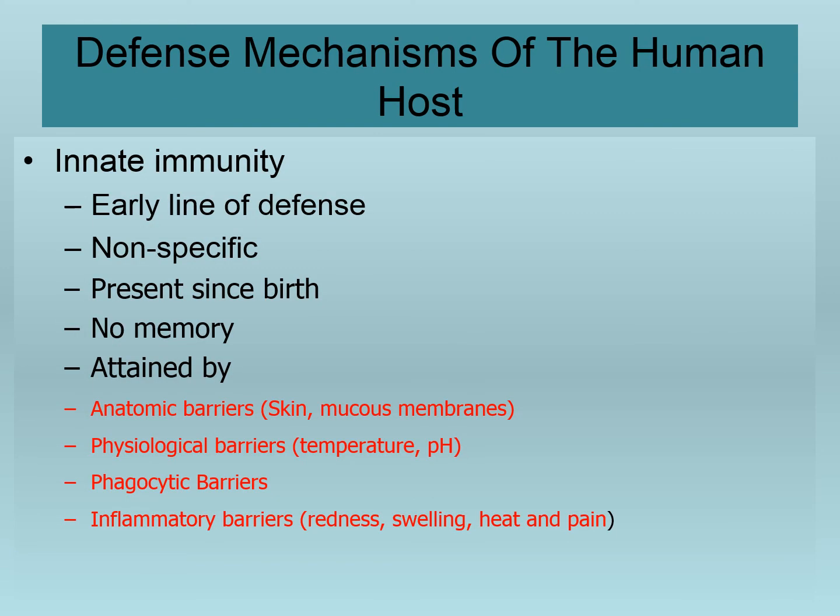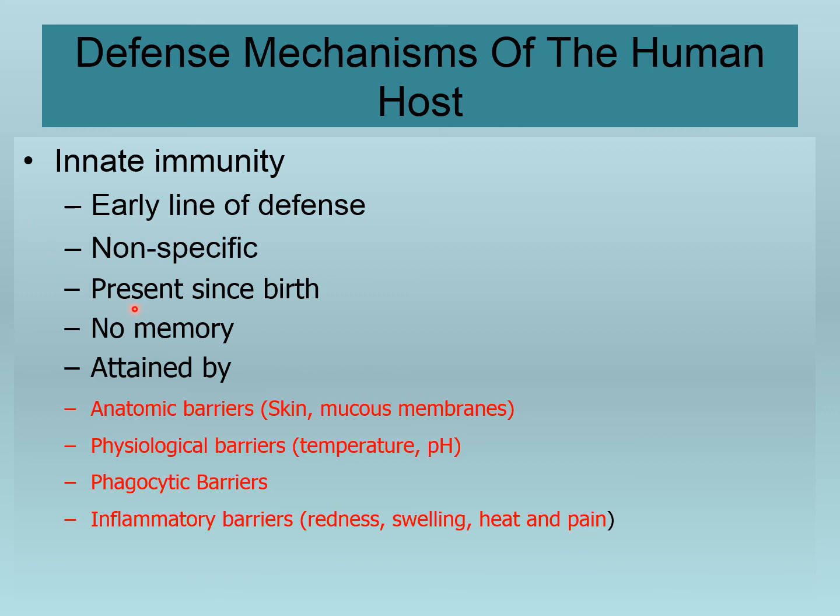Defense against microbes is mediated by early reactions of innate immunity and the later response by adaptive immunity. So innate immunity is also called natural or native immunity, which provides the early line of defense against a microorganism or an antigen.